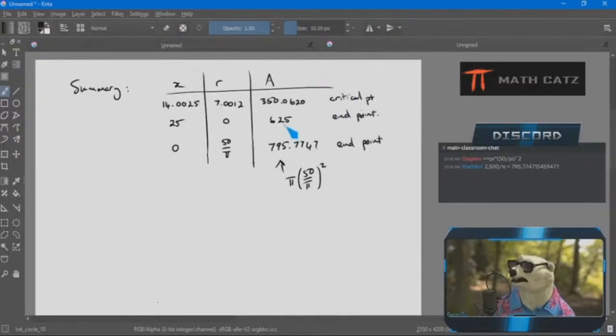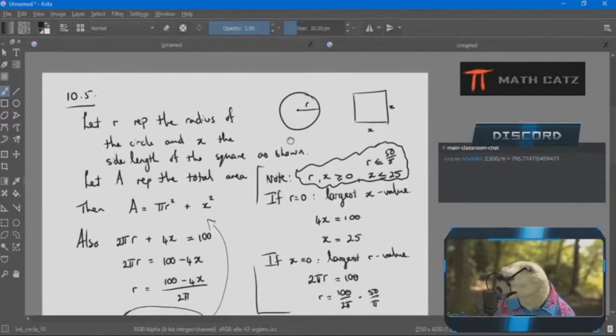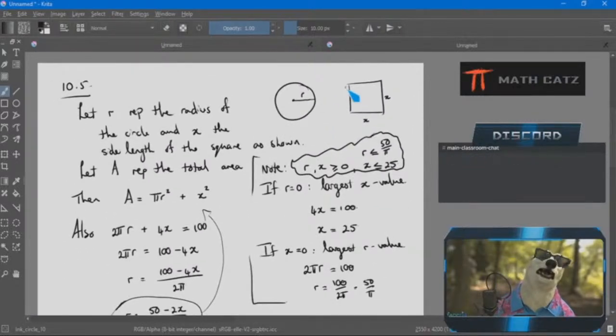And the endpoints give me function values that are more, which you might feel makes a little bit of sense, that I get a better area if I don't try and split the fencing to make two different shapes.